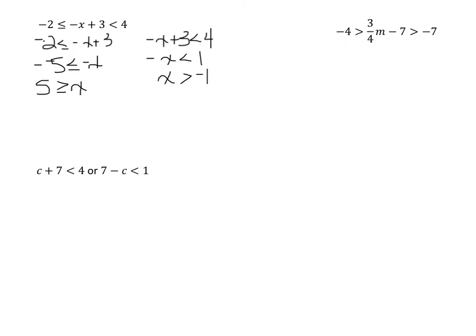When I graph this, here's -1, there's 5. I need a value of x that's less than or equal to 5, and a value that's greater than -1. So these are the values that make this true.